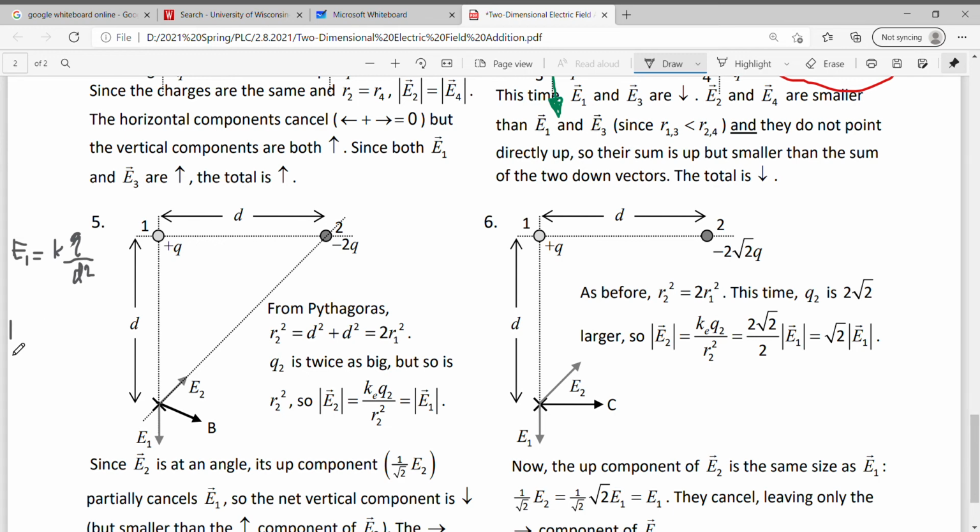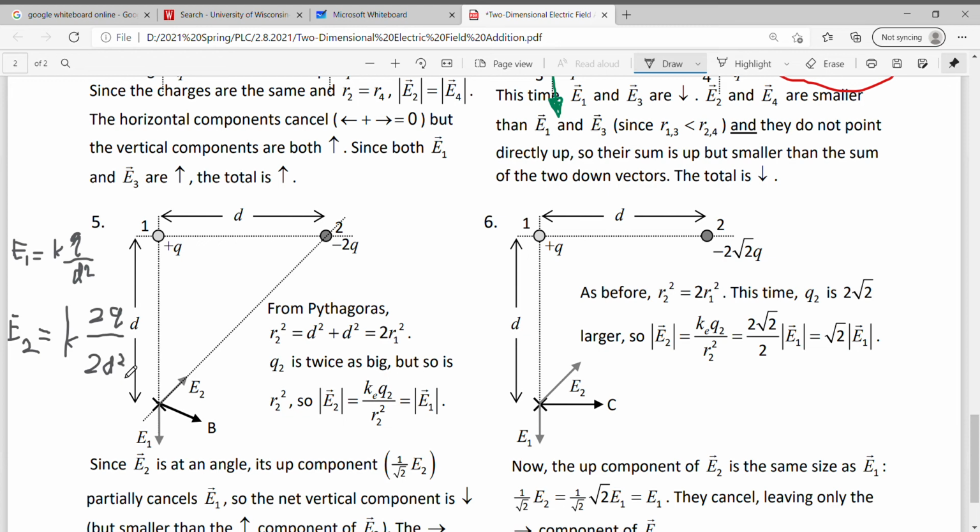And E2 is K times 2Q, because this is minus 2, over the length of this, which is root 2 of D. The square of root 2D is 2D squared.